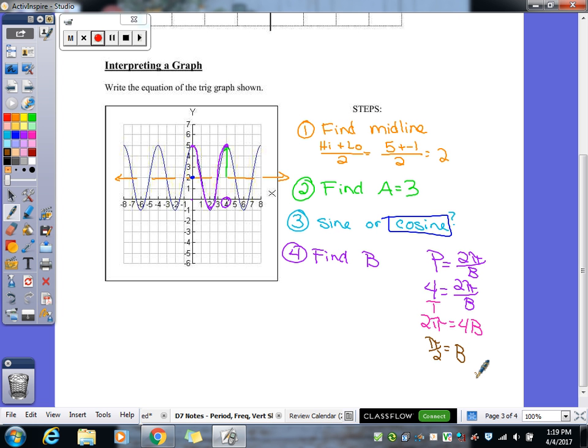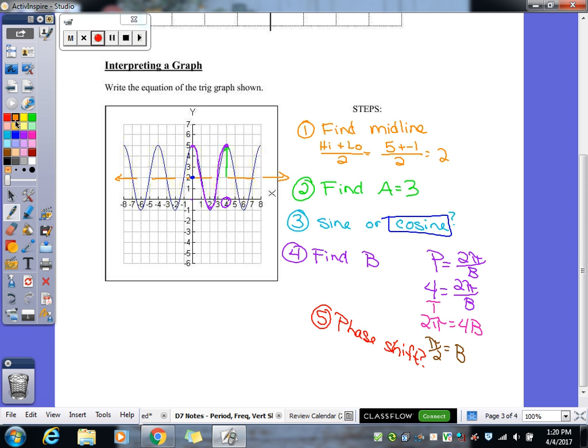So our b value is pi over 2. Step 5, you got to see if there's a phase shift. Did it move left or right any? This one did not. Generally, they're not going to when they give you the picture and they want you to write the equation because phase shifts are very difficult to see.